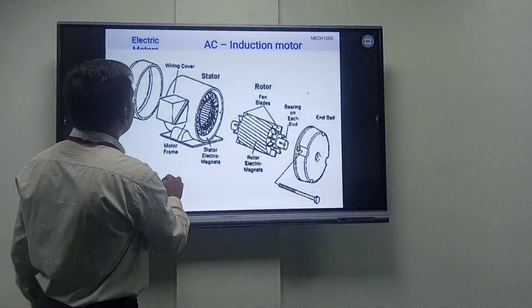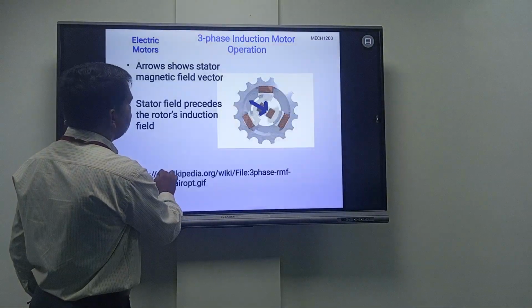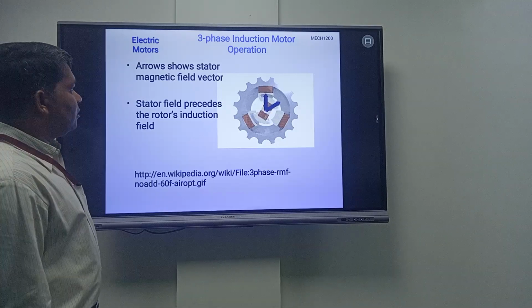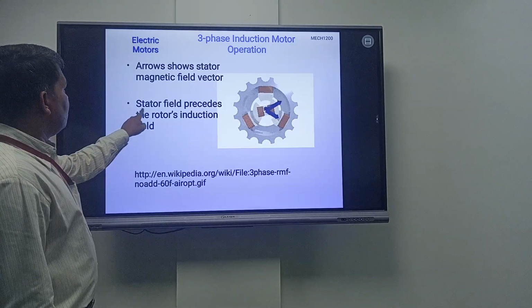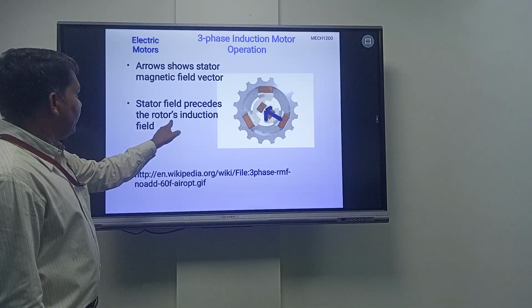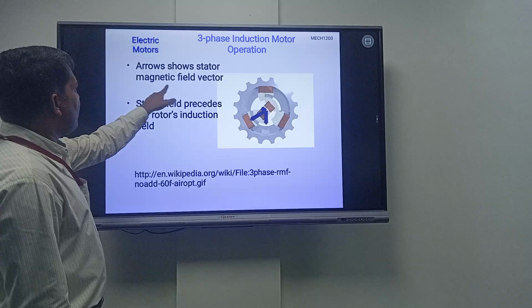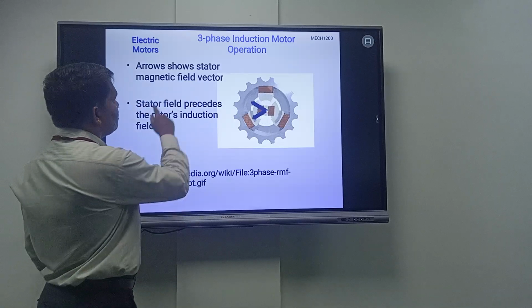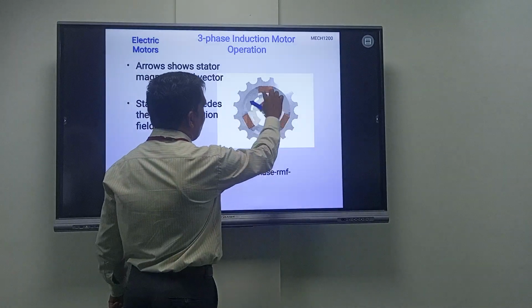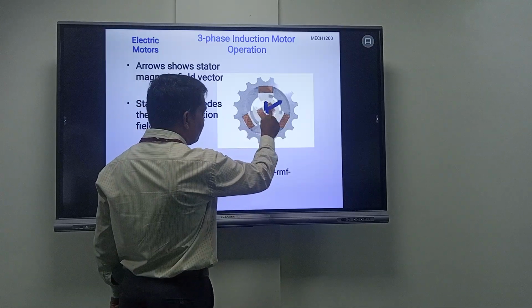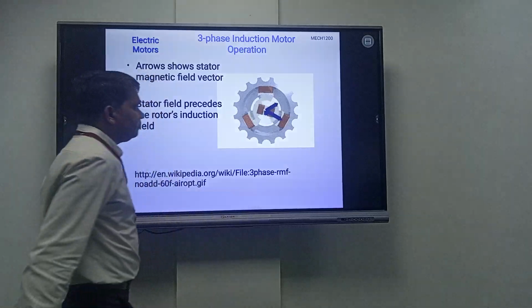You can say that. So it will be rotating like this. Flux: the stator field produces the rotor's induction field. The arrow shows the stator magnetic field vector, how the magnetic field varies, and due to that magnetic field linking your rotor, it also rotates.